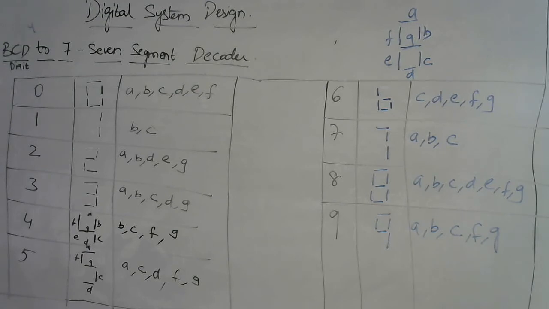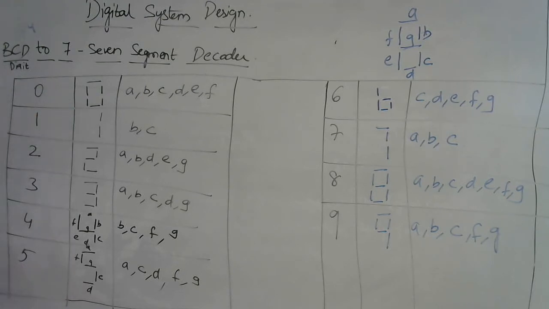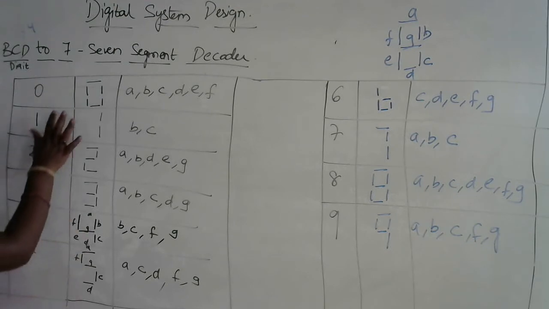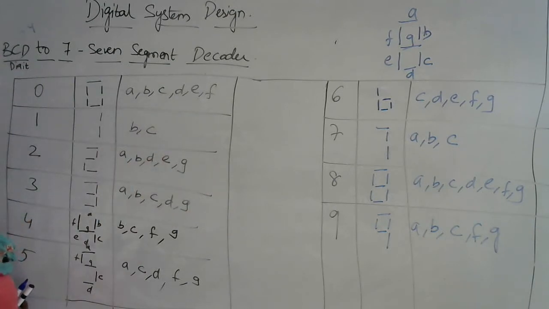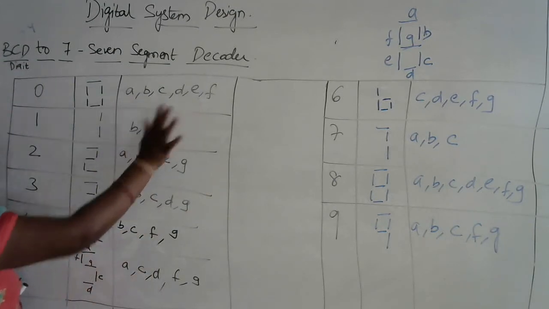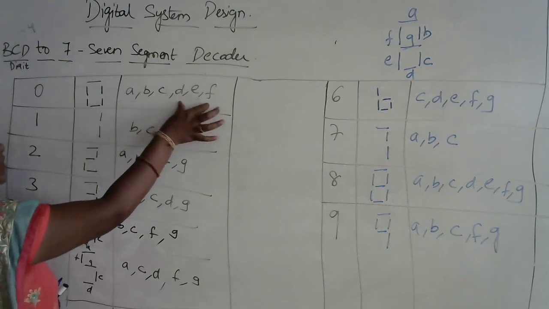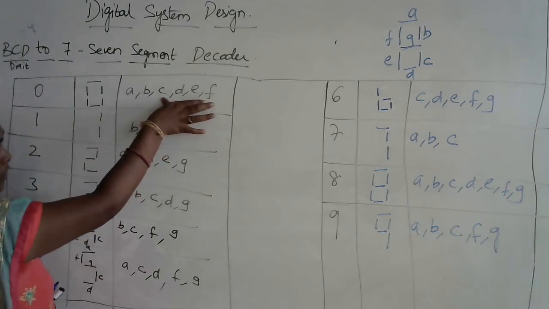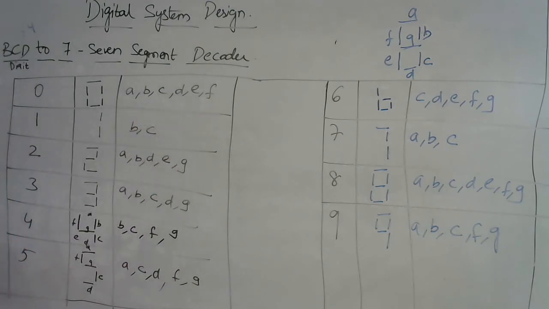In order to write down the truth table, we need to represent all the 0 to 9 decimal digits in the 7 segment value. That is the reason I have represented 0 to 9 with the 7 segment display value. From these values, whatever alphabets I have written as A to F, for those we need to keep the corresponding values as 1 and all the remaining values are 0.